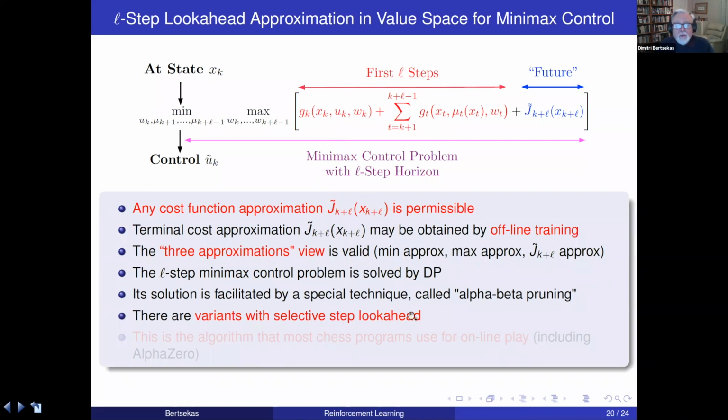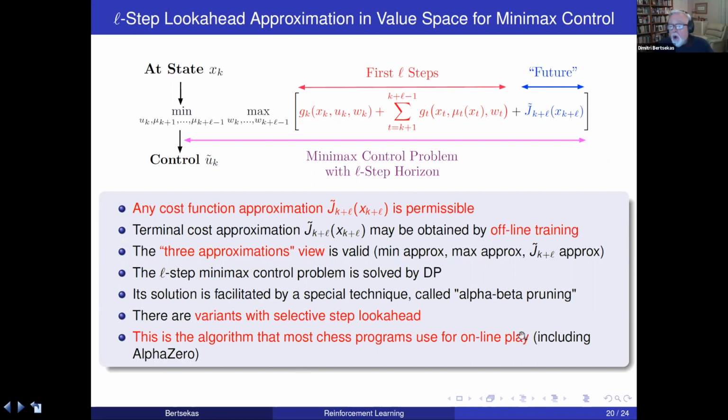There are variations of this look-ahead process using selective step look-ahead. So for some controls, you may use a relatively shallow search, and for other controls that are presumably more interesting, you may use a longer search. And generally speaking, this is the type of algorithm that people use in non-stochastic games, min-max type of games like chess. And this is the algorithm that most chess programs use for online play.